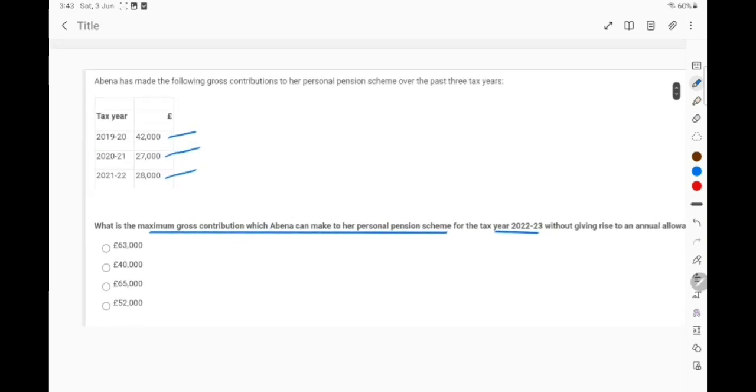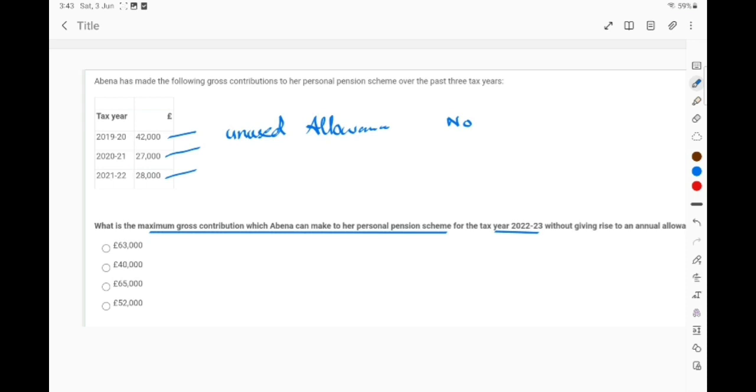So as we know, the limit of annual allowance is 40,000, and as in the year 19-20 she made a contribution of 42,000, there is no unused allowance for the year 2019-20. In the year 20-21 she made a contribution of 27,000.